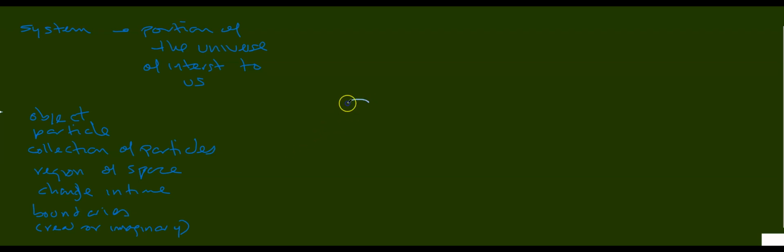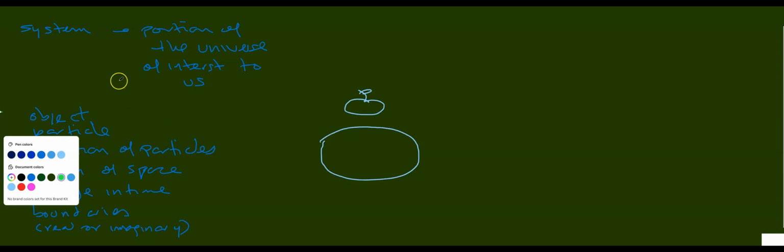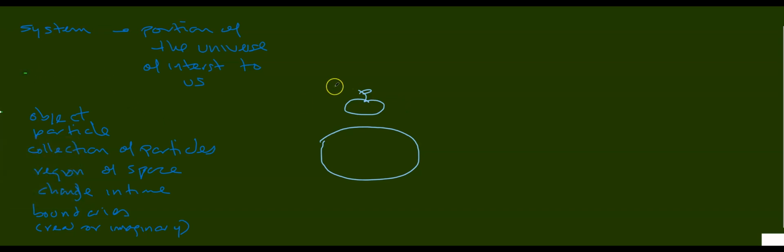Let's consider a few examples. Imagine you have an apple and you have the earth, right? So your system depends on what you want to analyze. If you want to analyze, for instance, the apple, I'm going to draw an imaginary boundary. Here we have the system, and everything outside is the environment.